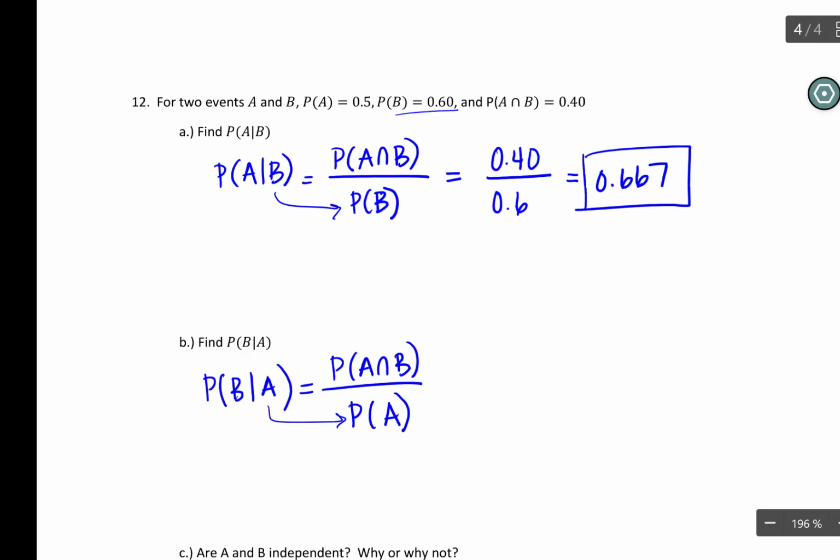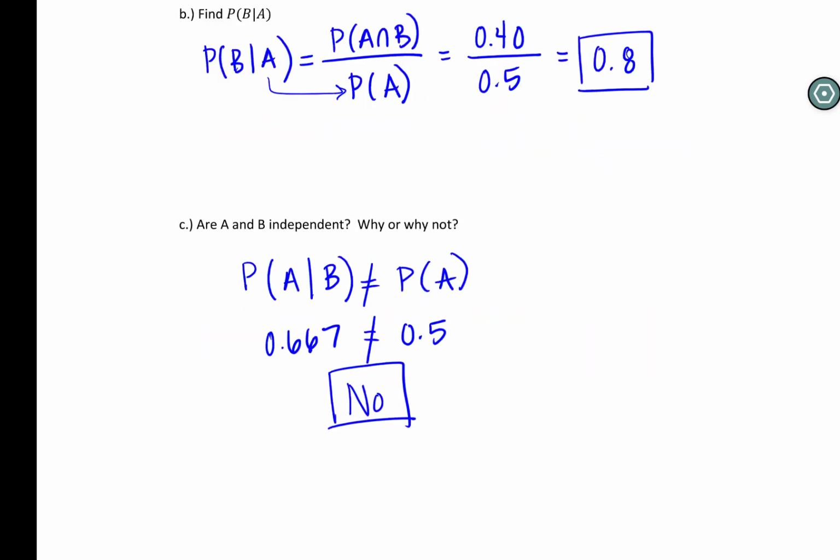A is second, so A is going to go below the line in our denominator. So our numerator is the probability of the intersection, 0.40, divided by the probability of just A, which is 0.5. 0.4 divided by 0.5, we have a probability of 0.8.